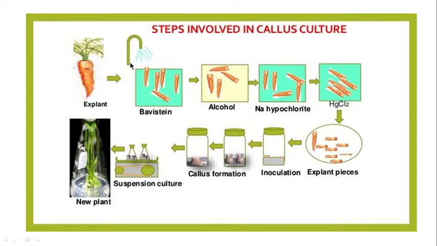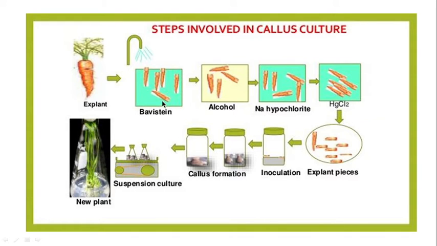You can see here, this one is the explant of carrot. Carrot is taken. Then Mavistin is a fungicide which is used for giving surface treatment, because when we see any fruit or vegetable or leaf, it shows some white patches on its outer surface, and these are nothing but fungal growths.